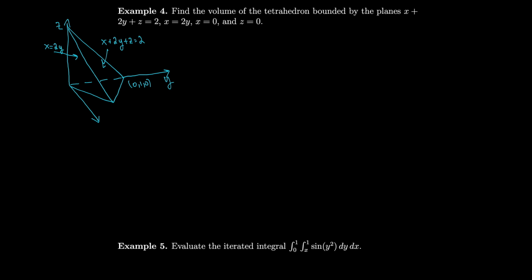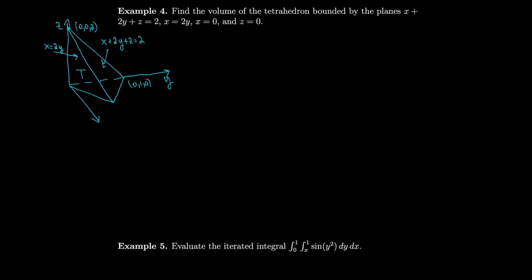I'm going to call this my tetrahedron T. But I figure out where they intersect on the z-axis. Well, that's when x and y are 0, so that's at 0, 0, 2. And in the xy plane, they intersect when z is 0 and x plus 2y equals 2 has to equal, well, x and y have to be equal there.